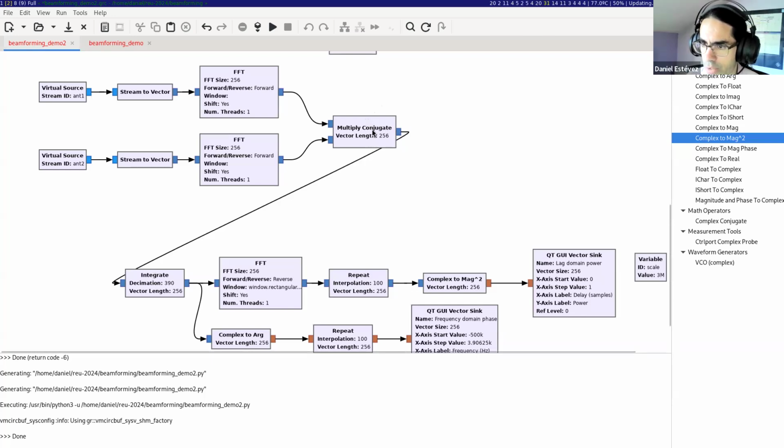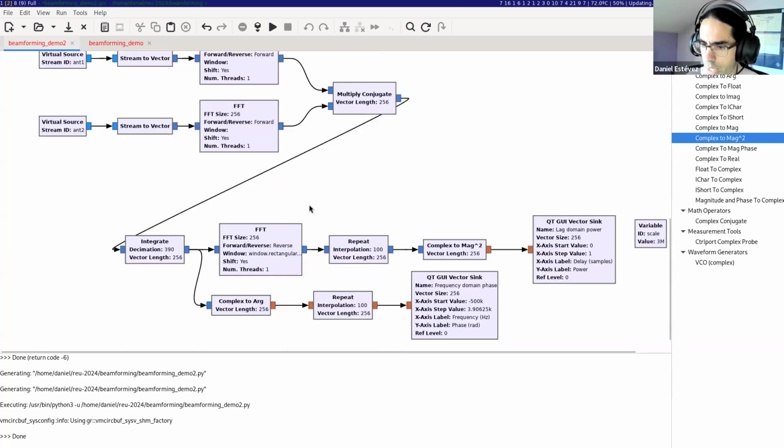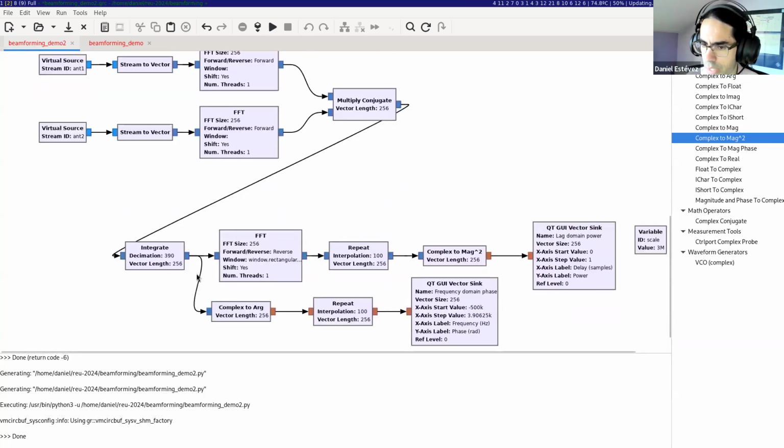Without this multiply conjugate, I could not really integrate because the output here is somewhat random, and then if I integrate, basically the integration averages out to 0.